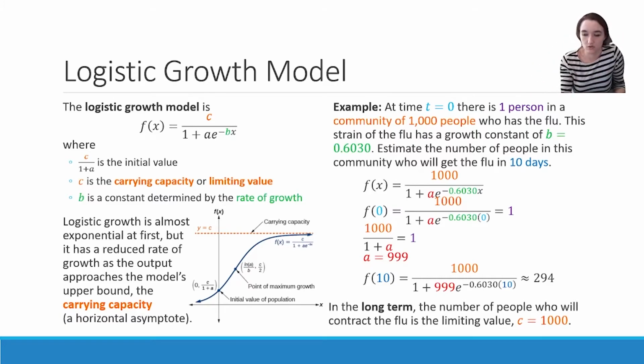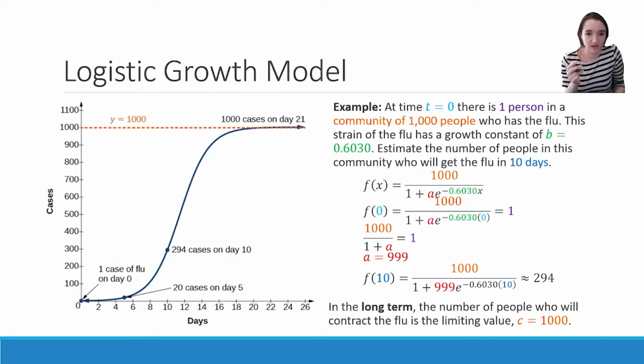Just the long run or long term is the words you want to think about. The number of people who will contract this particular flu is the limiting value c equals 1,000. So we get this specific graph where after 1,000 cases, which happens around day 21, no more people are going to get it. Like so.